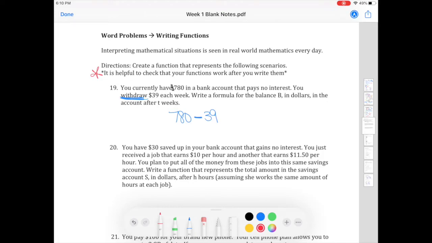Here's where the variable comes into play. We have $780 flat. That's not going to change. But when you take money out each week, that number is going to change based on how many weeks you've taken it out. So the variable is going to go with the 39. And it's all because of this word right here.